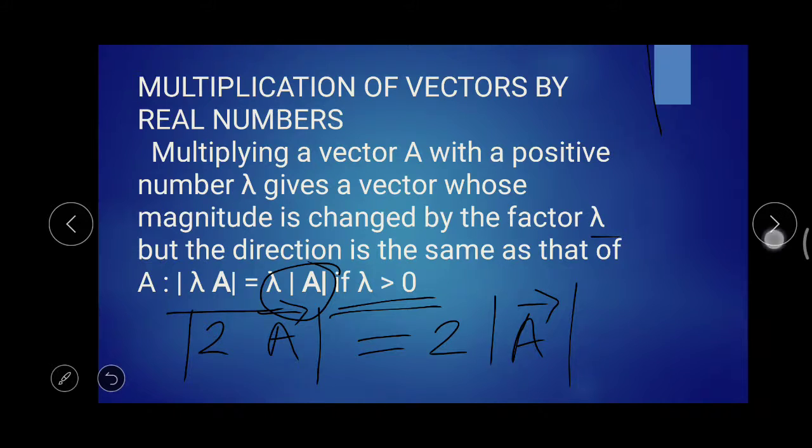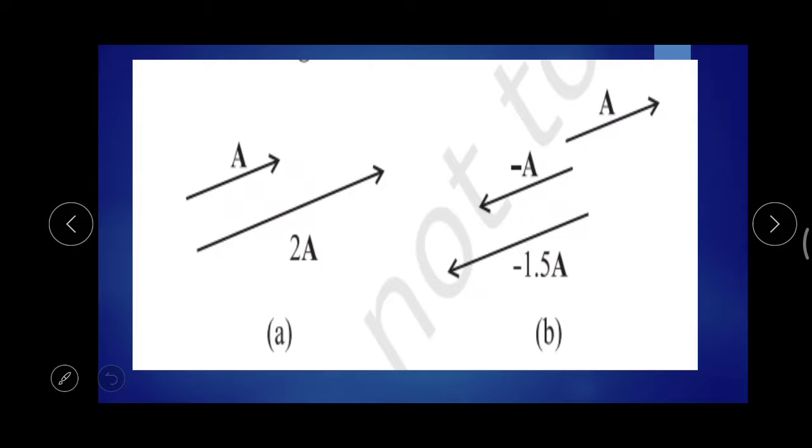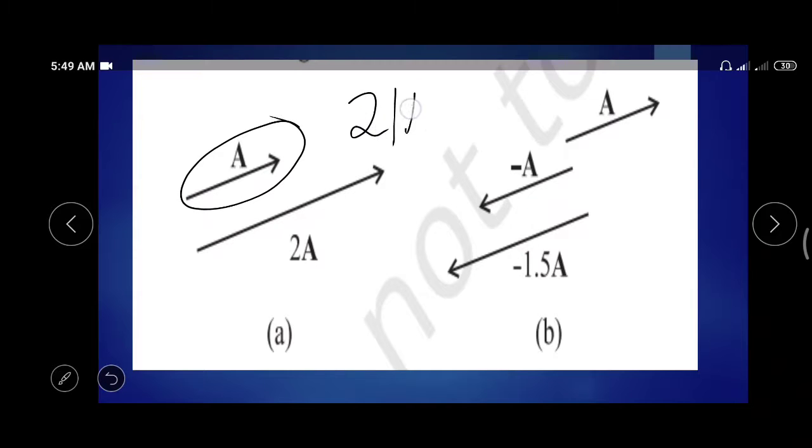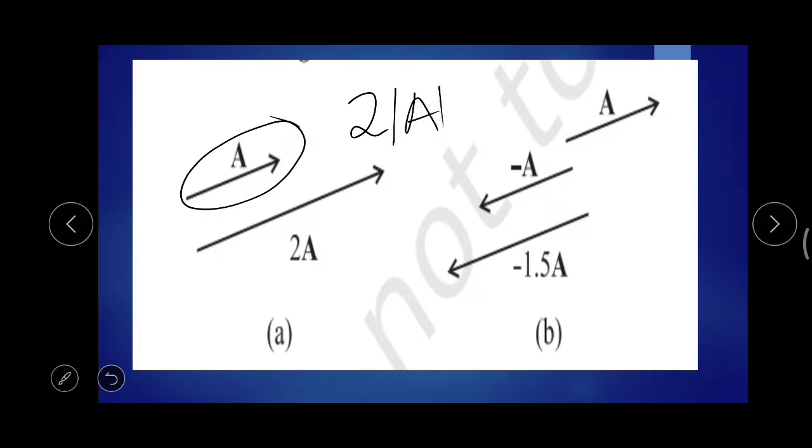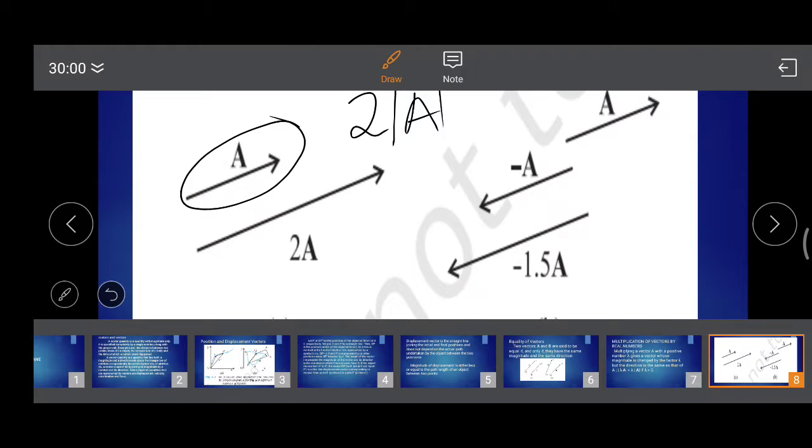Okay, here are some examples. First one is 2a. The vector a is multiplied with 2. The direction is same, but the length of the vector, which represents the magnitude, is 2 times larger.